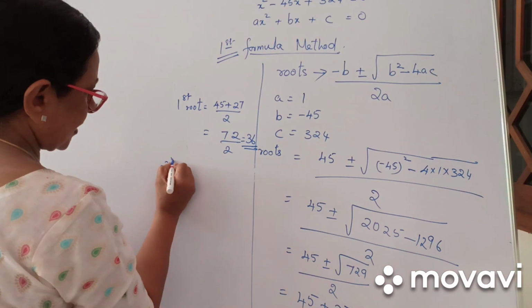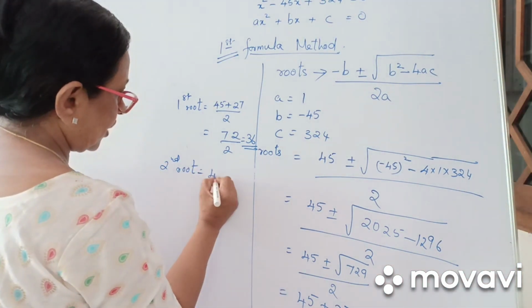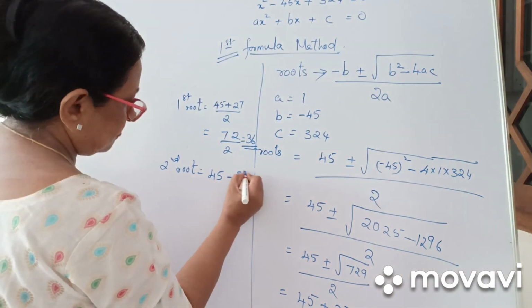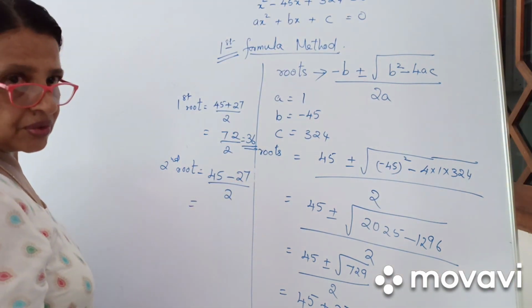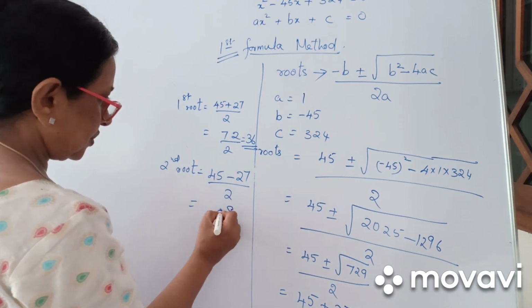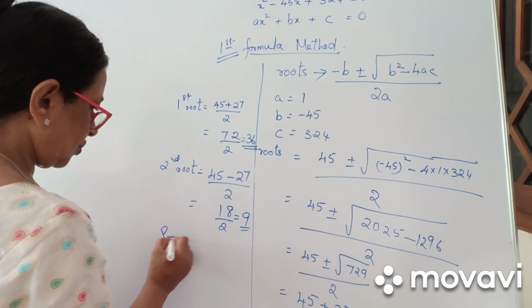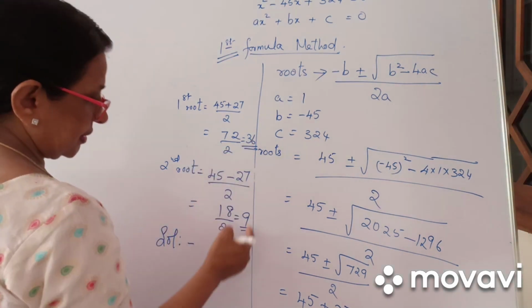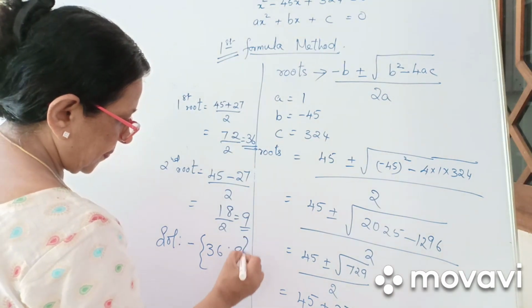And your second root is equal to, put the negative sign, 45 minus 27 by 2. That is equal to 18 by 2, which is equal to 9. Therefore, what is your solution? The roots are 36 and 9.